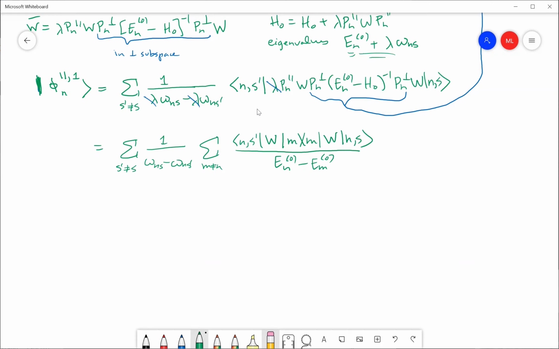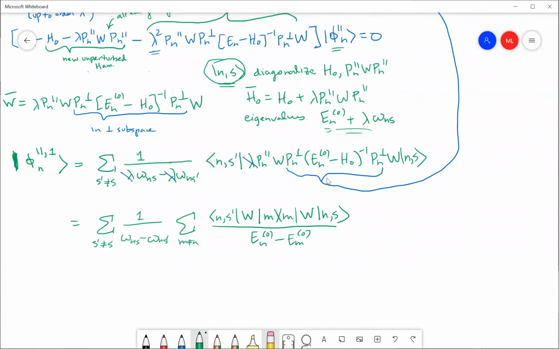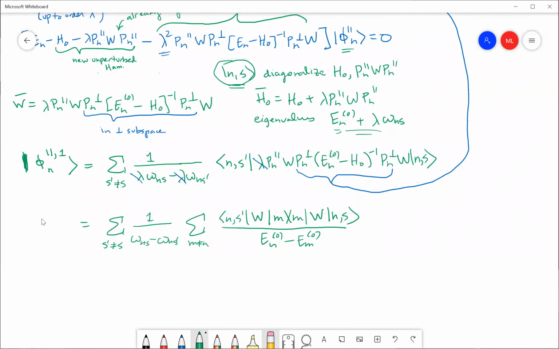Oh, and I'm missing, of course, well, what am I missing? What's wrong with this equation right here? You're missing a vector on one side. I'm missing a what? You're missing a ket.